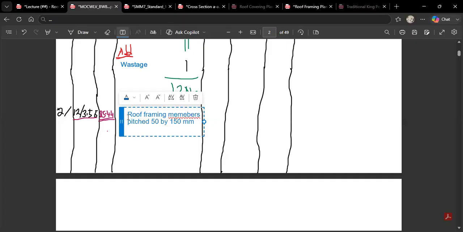Yes, you write it. If you don't do your description, you will lose marks. Impregnated with preservative. So once you put this down, you are done with your description.